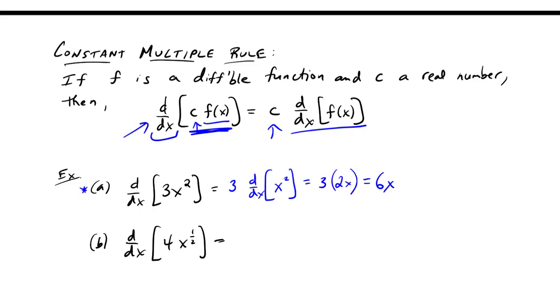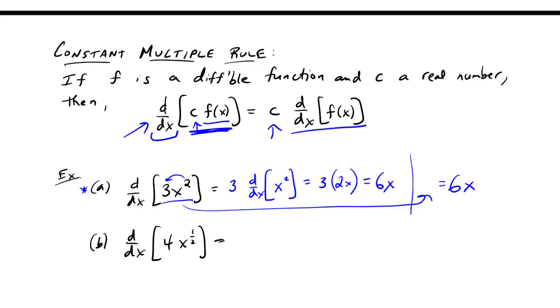Now, of course, I'm not going to usually go through all these steps in the future. What I would do is really just go from here and say the derivative of 3x squared, the 2 is going to come down and multiply the 3 to give me 6, and then I'm going to do x to the 2 minus 1, which is x to the 1. And so that's how I really do it in one step.